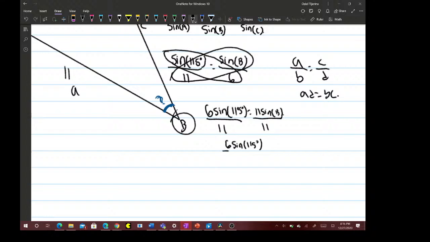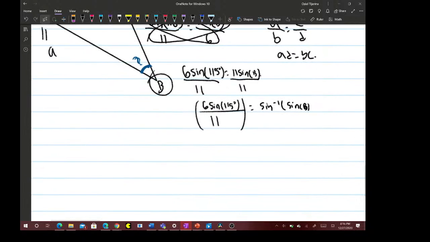One thing I want to make sure you guys do: when you do 6 sine of 115 degrees over 11, try not to simplify this part yet, because doing that is going to give you a weird decimal, and then you're not going to estimate it right.